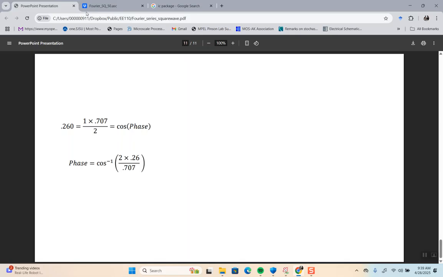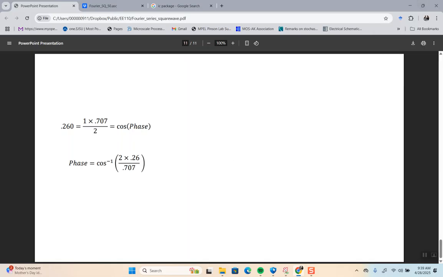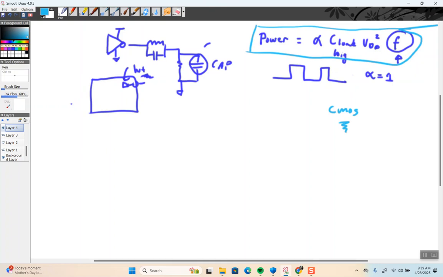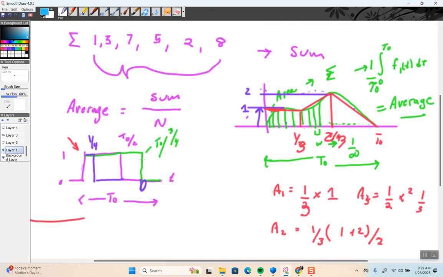So that is with the square wave. That started us looking at, hey, what's the average? What's the DC? Which we can do by eye.